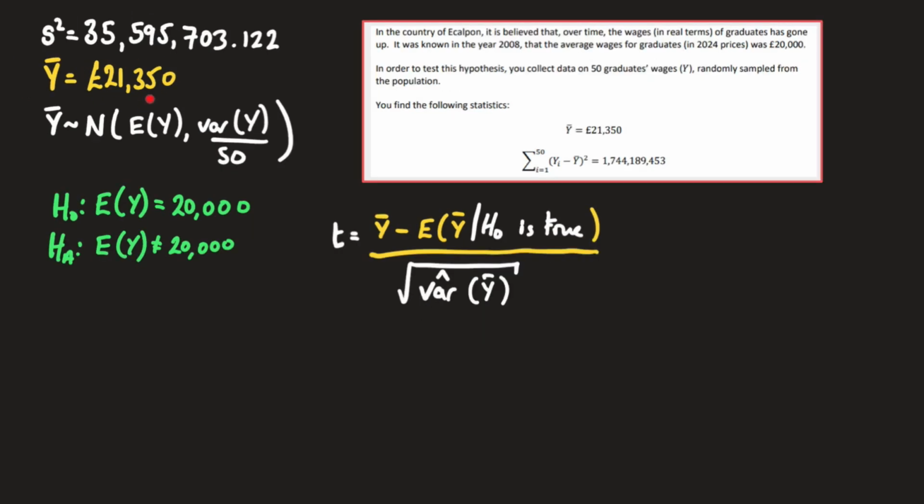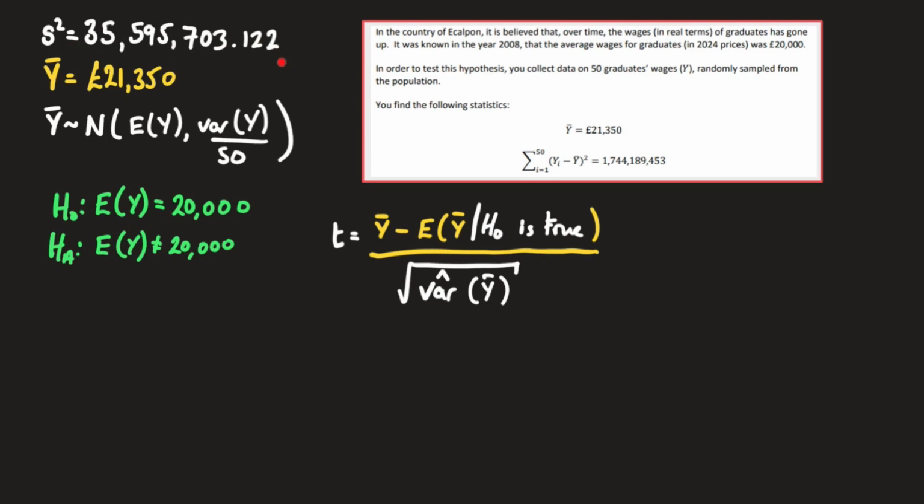Well, we already know our estimate of the population average is £21,350, so that will go in place of y bar. We know if the observations are independent and identically distributed, then if the null hypothesis is true, the expected value of y bar will just be equal to £20,000. We also have an estimate of the variance of y.